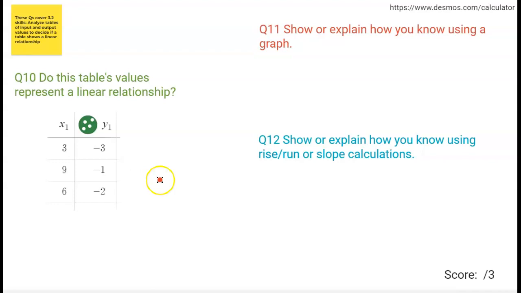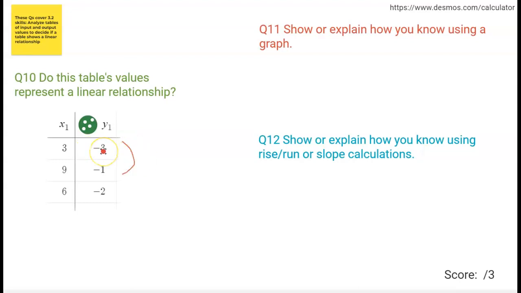So let's do it. I'm going to show first how I know using rise over run calculations. What I'm going to do first is look at the y's because I want to know the change in y, and then I want to put that over the change in x. So let me look here first.